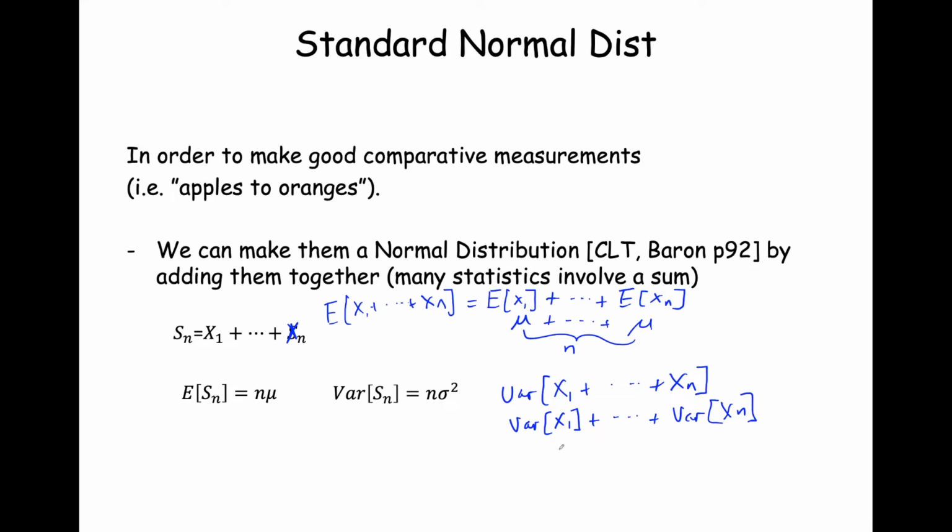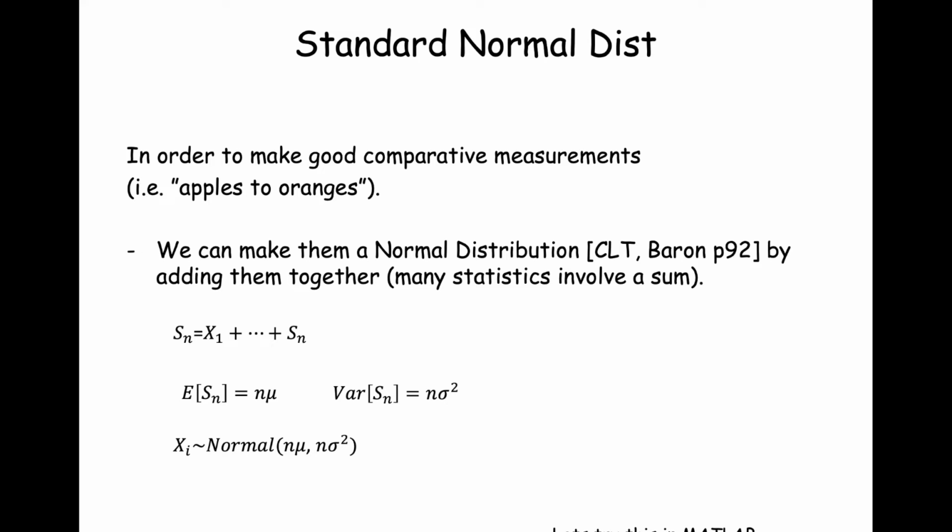And we know from before that the variance of a variable is just sigma squared. So we're adding up these sigma squareds with one another n many times. All right, so that's just n times sigma squared. So now we have the expectation of the sum of samples of a random variable, and we also have the variance of the sum for this random variable.